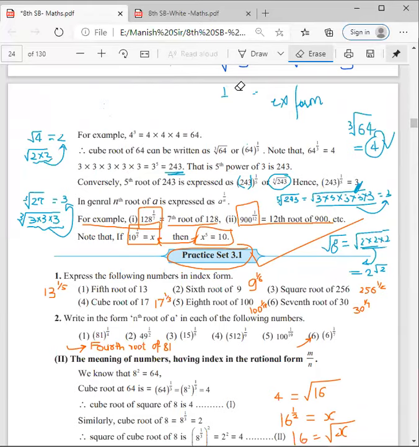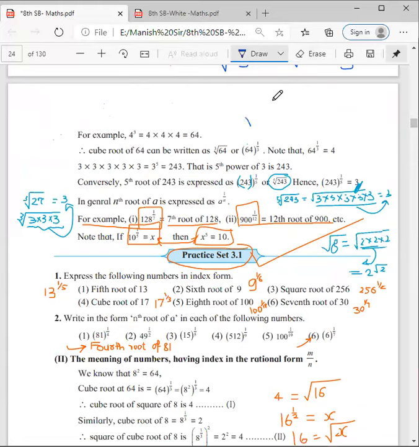So this is the representation of the cube root.